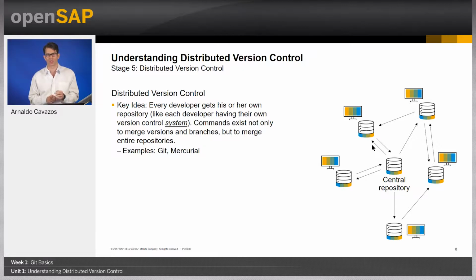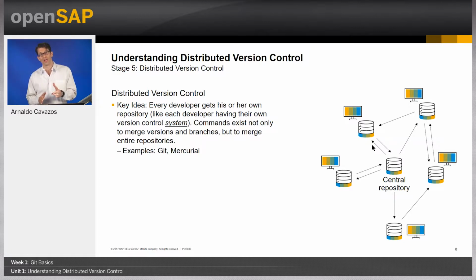This group has chosen to make one repository central to the entire team, and all except for one developer, if you look, is sending commands to sync his or her repository with the central one. Then you see that a few of the developers aren't just syncing their repository with the central repository, they're also syncing their repositories with each other. This is the kind of flexibility and loose organization that Git enables.